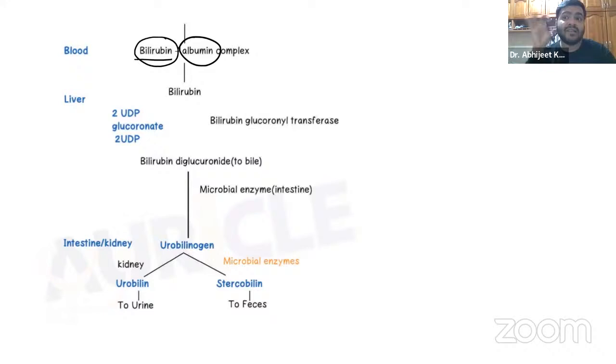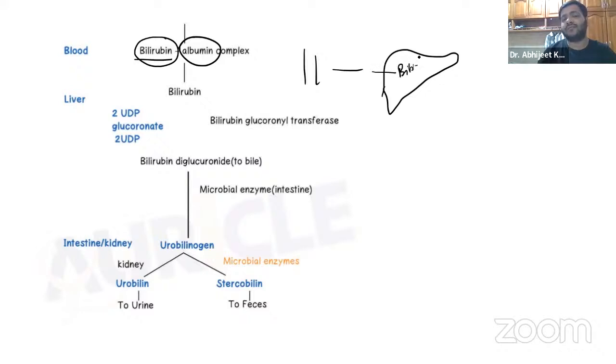After reaching the liver from the blood, the bilirubin will be free again. Albumin helps in the transportation of this bilirubin. Bilirubin alone cannot be transported in the blood. It requires a carrier in the form of albumin. This protein is very important because it carries the bilirubin from the blood to the liver.